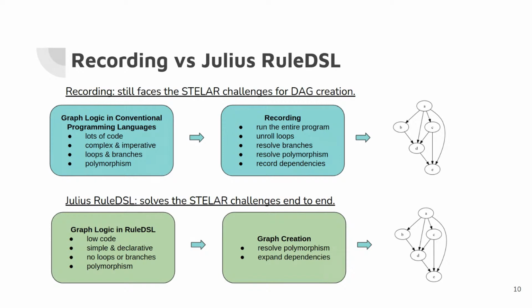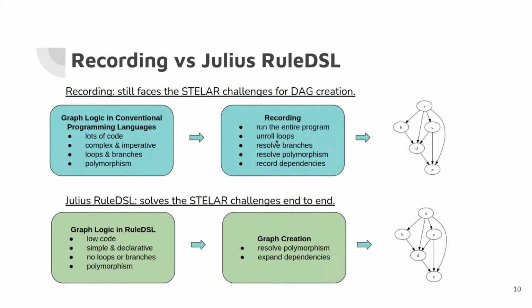So if you look at the traditional approach, you write a lot of code and make a lot of effort to write the graph logic using the traditional programming languages, only to have the effect undone and removed in order to create a computational graph, because you have to run the entire program to record them.